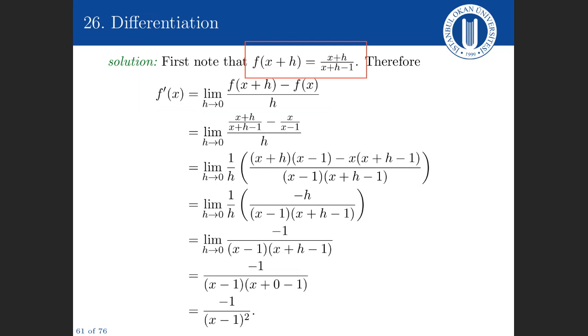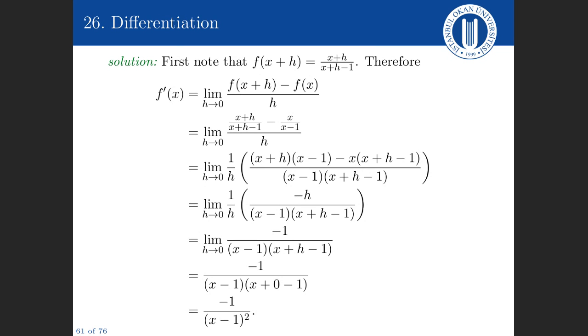And the first thing to notice is that if we take our formula for f of x and we replace every x with x plus h, we get x plus h divided by x plus h minus 1, which is here. We have this minus f of x, or minus x over x minus 1, all divided by h.